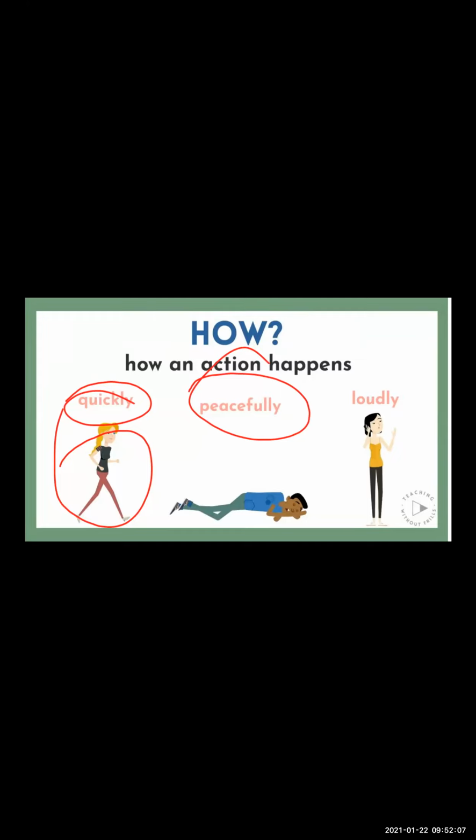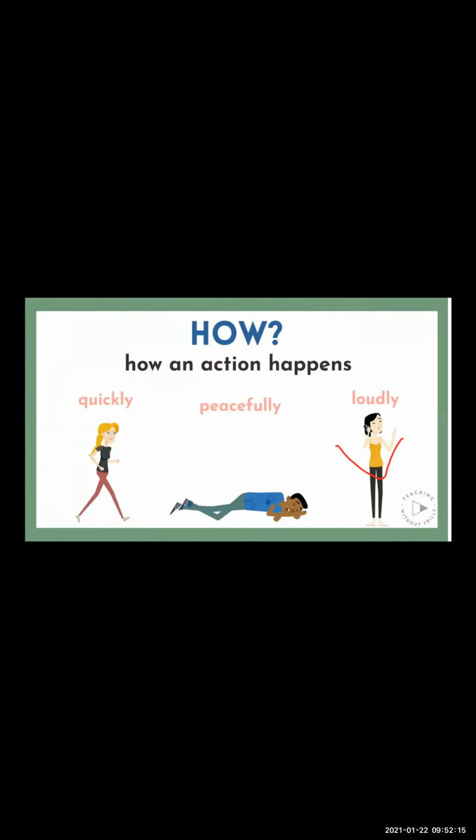Now, if I say the lady was singing, I mentioned that this lady is singing, but I want to add an adverb to this sentence. Which adverb am I going to add? Loudly.